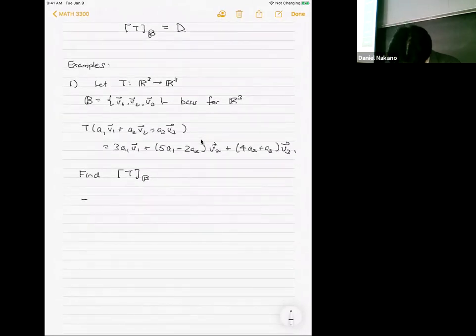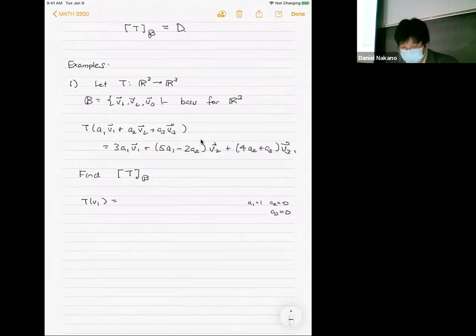So what is T of V1? If you look at the formula, here I have A1 to be 1, A2 to be 0, and A3 to be 0. So we just plug it in.